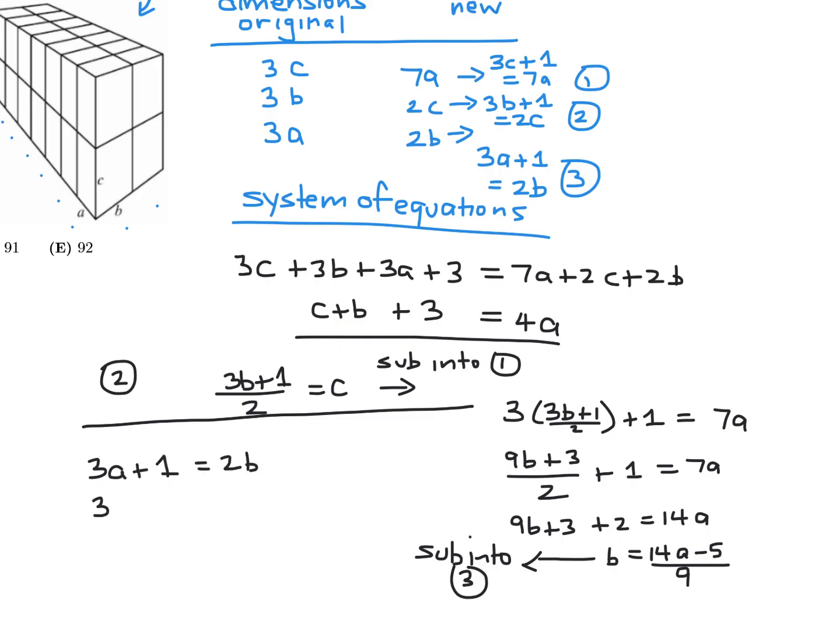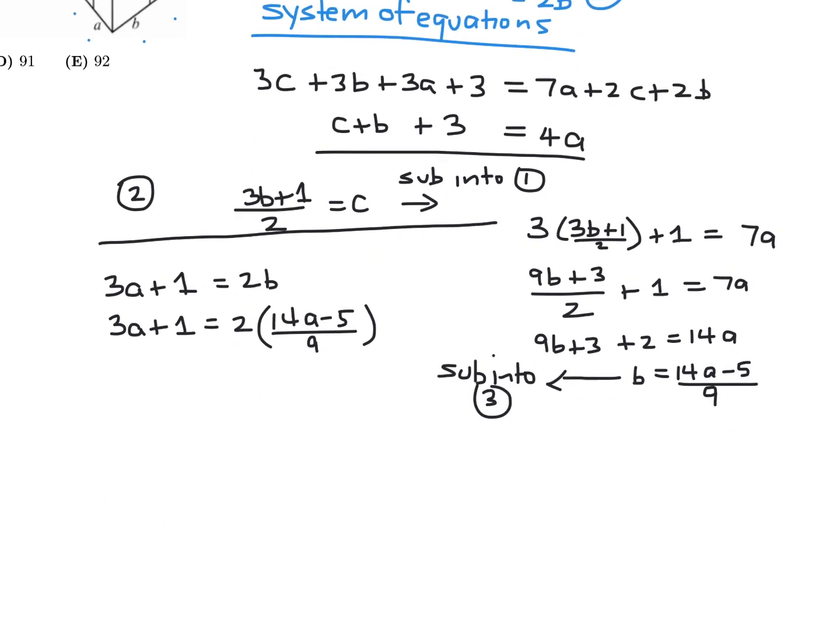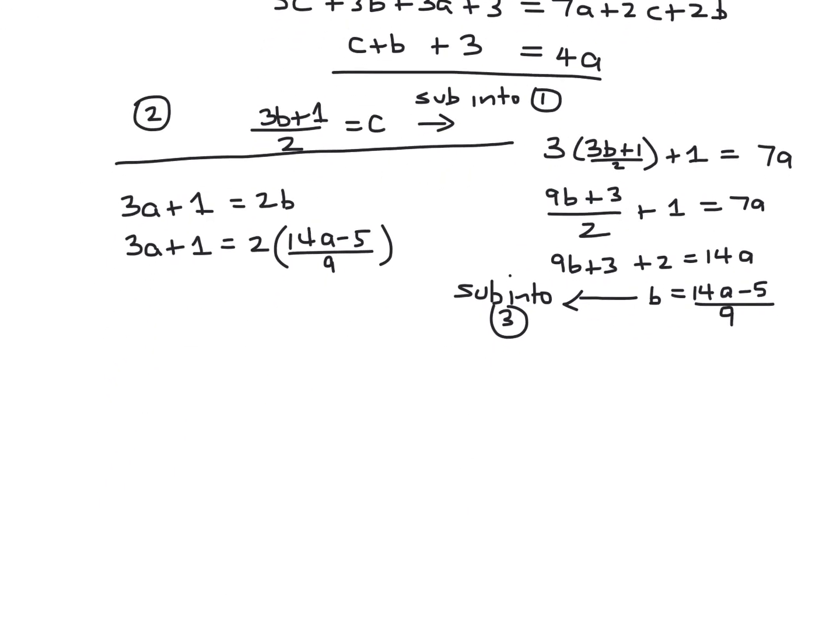Since we have b in terms of a, we can put that in: 3a plus 1 equals 2 times (14a minus 5) over 9. Multiply through by 9, and we get 27a plus 9 is equal to 28a minus 10. So a is equal to 19.